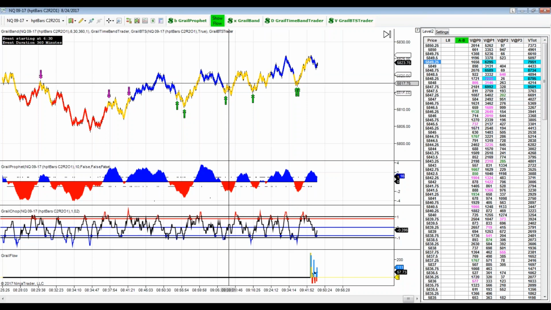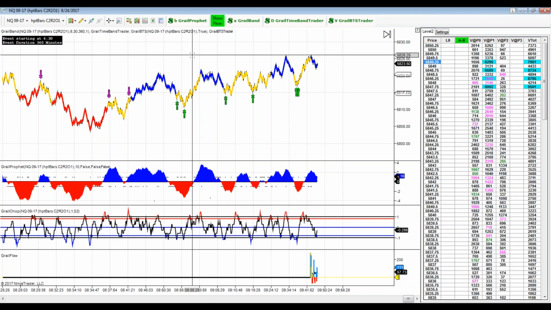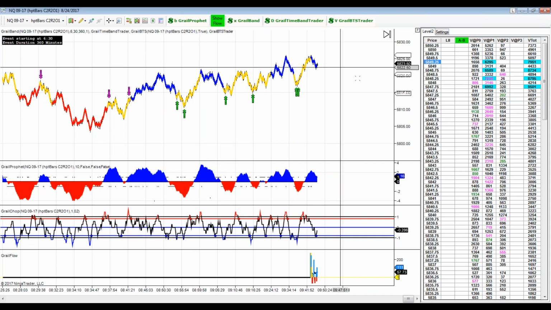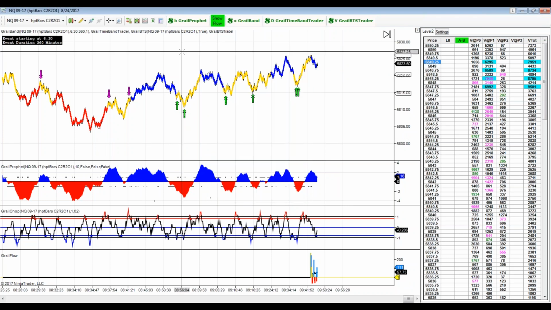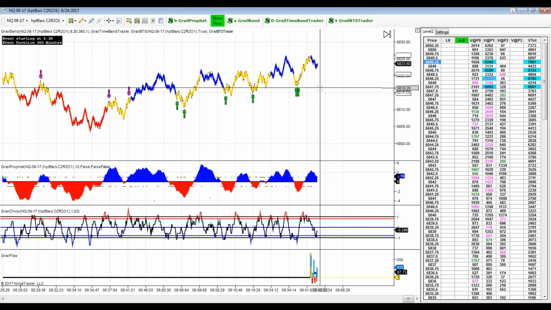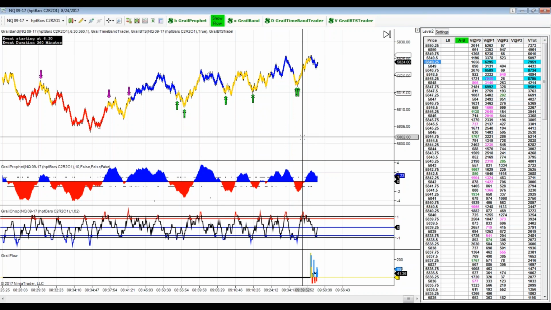You cross over midnight or you cross over 3 a.m. You need to reload your chart to get everything synced back up again, because this isn't going to know what you're doing. So you need to right click and reload NinjaScript and bring it back in. That's important on everything. And as I've also indicated, what's really important is you need to shut down your Ninja every day and then reopen it again.